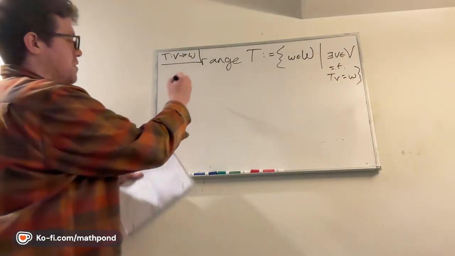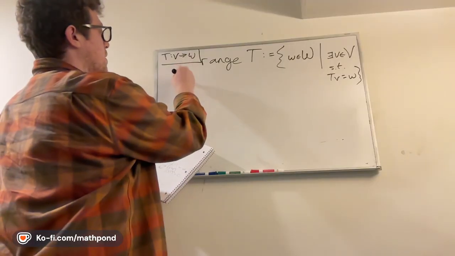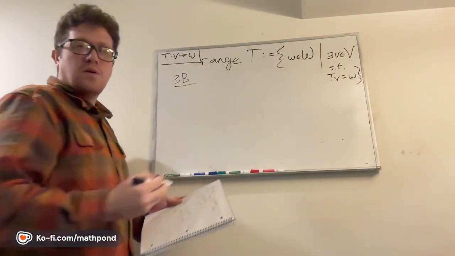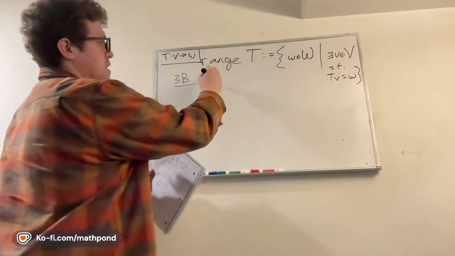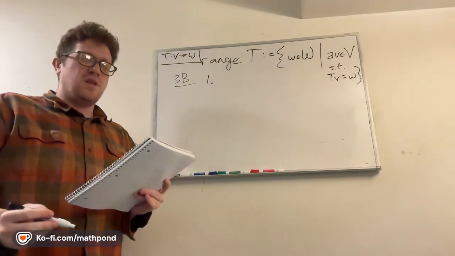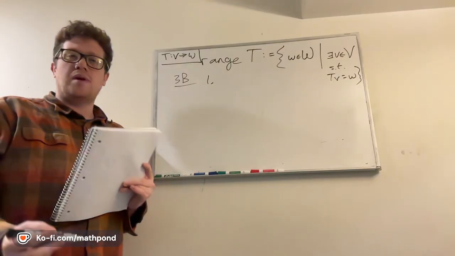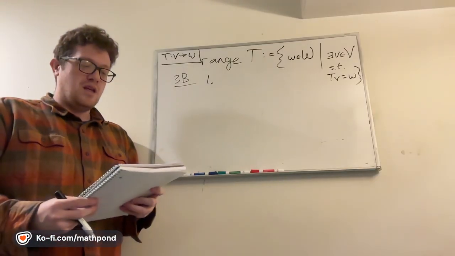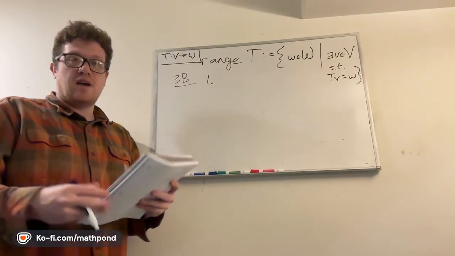And then in 3B, the section we're talking about, I'm just going to go through the first two exercises because I didn't really go through the full section of 3B yet, so I'm going to pick kind of easier ones, and hopefully we can still go through them and they have some value to you guys.